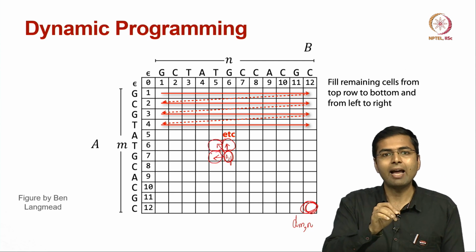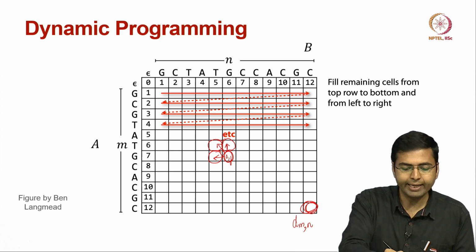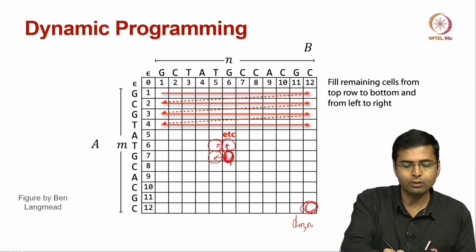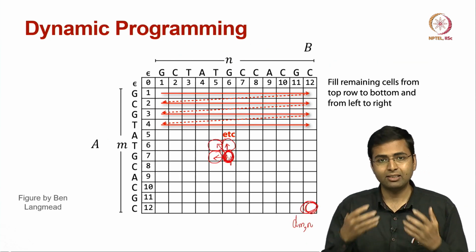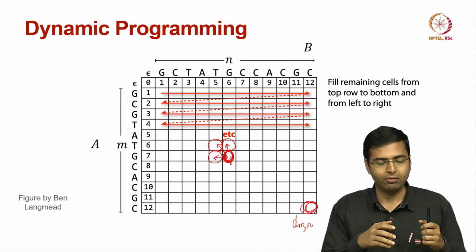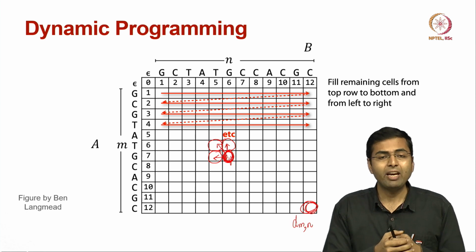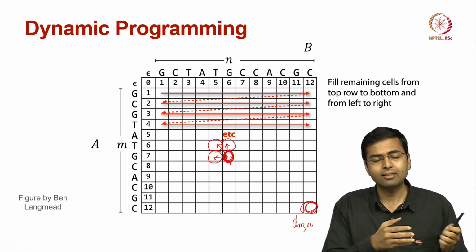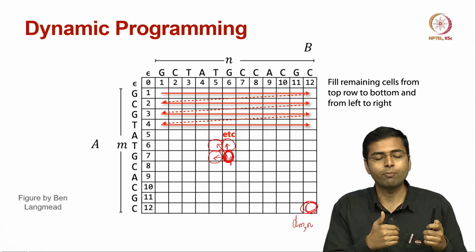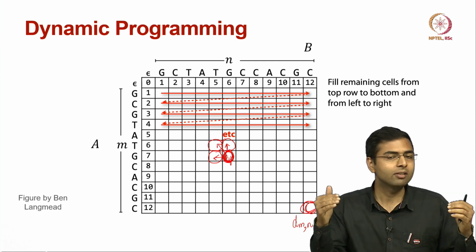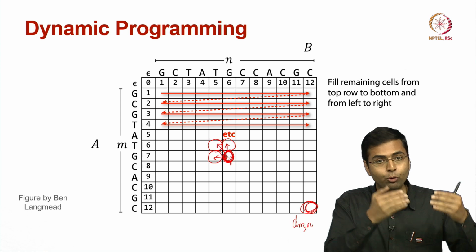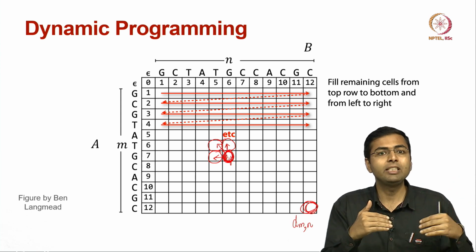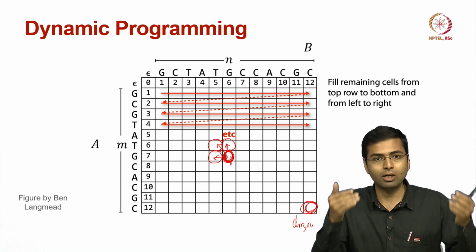If I know these 3 values, then I can immediately compute this value using this recursion. Given this dependency, we can solve this table in a row format. We compute the first row, then using the values of the first row we compute the second row, similarly the third row and so on.